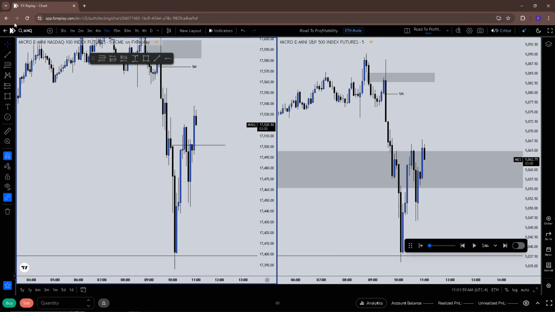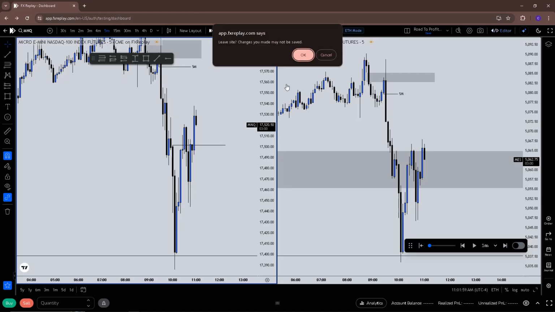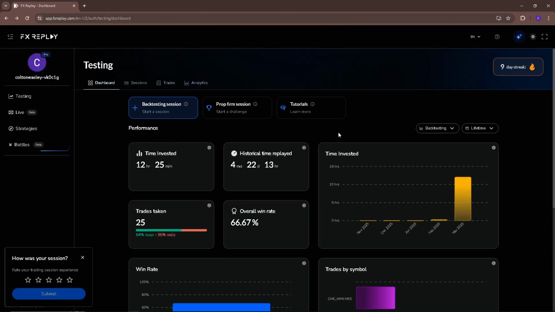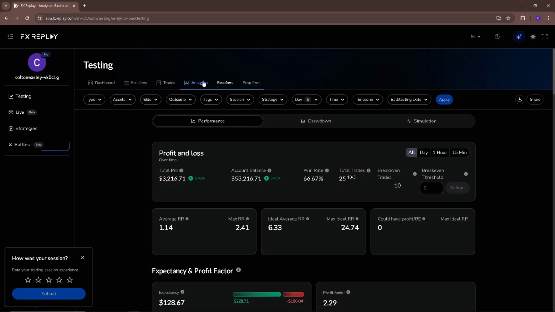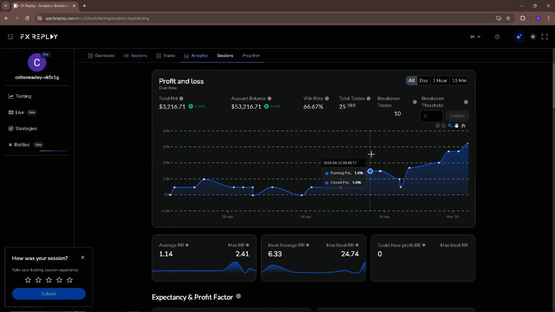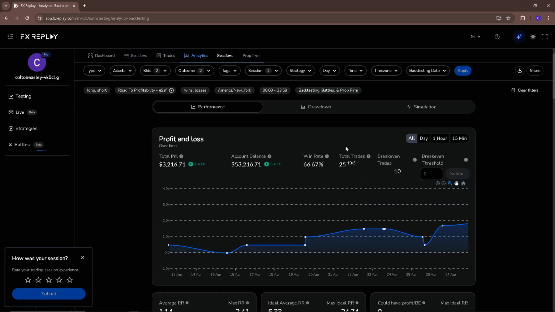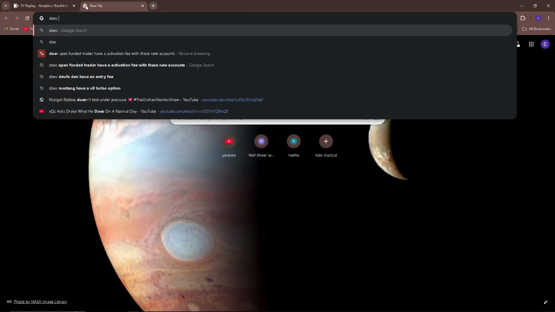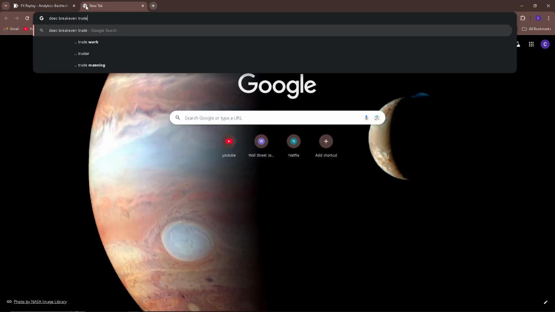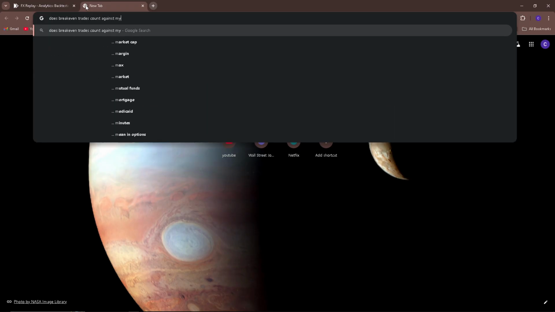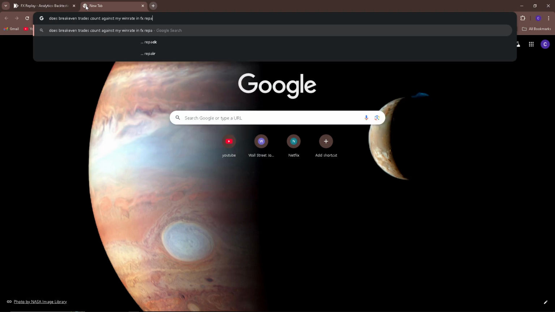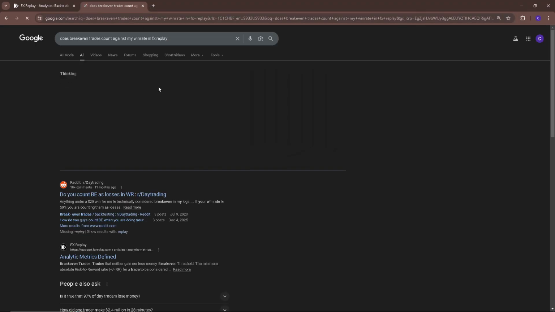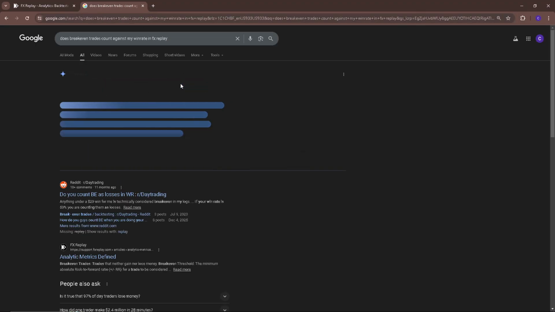I think I'm gonna end it off there. I mean, this was a great backtesting session. I'm curious to see if these break-even trades count against my win rate in FX. Hopefully they don't count against my win rate, because I'd look at a break-even trade like a good trade.